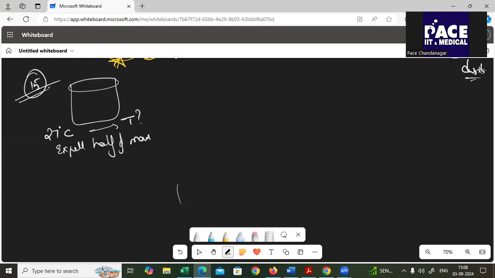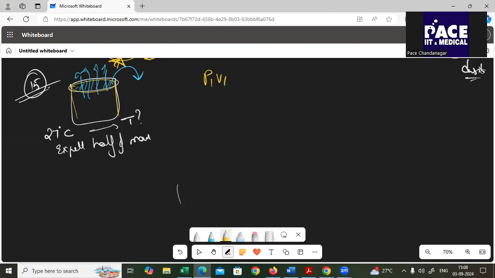So what do you mean by that? To expel half of the mass, please try to understand what is happening here. You are having an open dish. It is not a closed one. So something is getting evaporated. It is going out. So the volume of the container is the same.